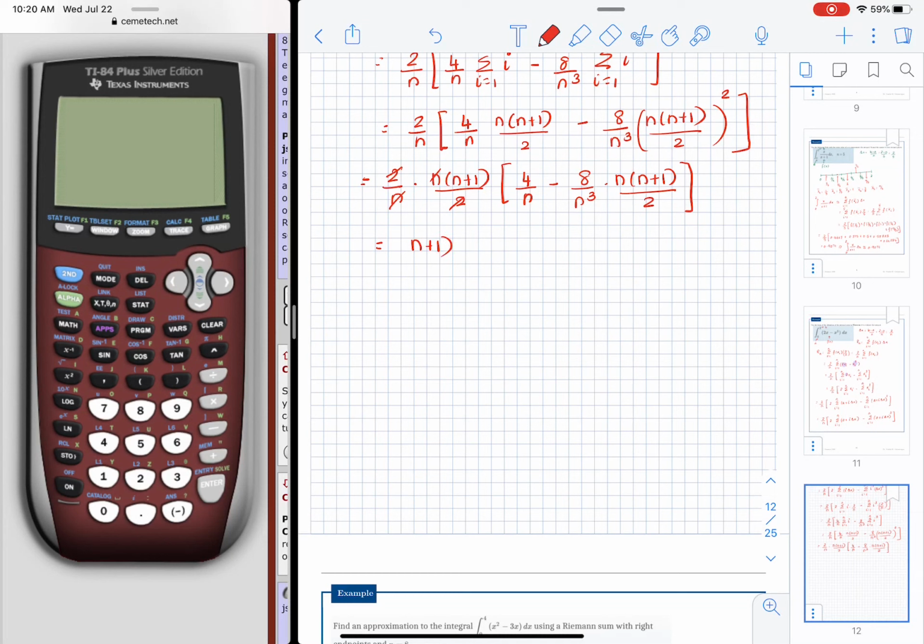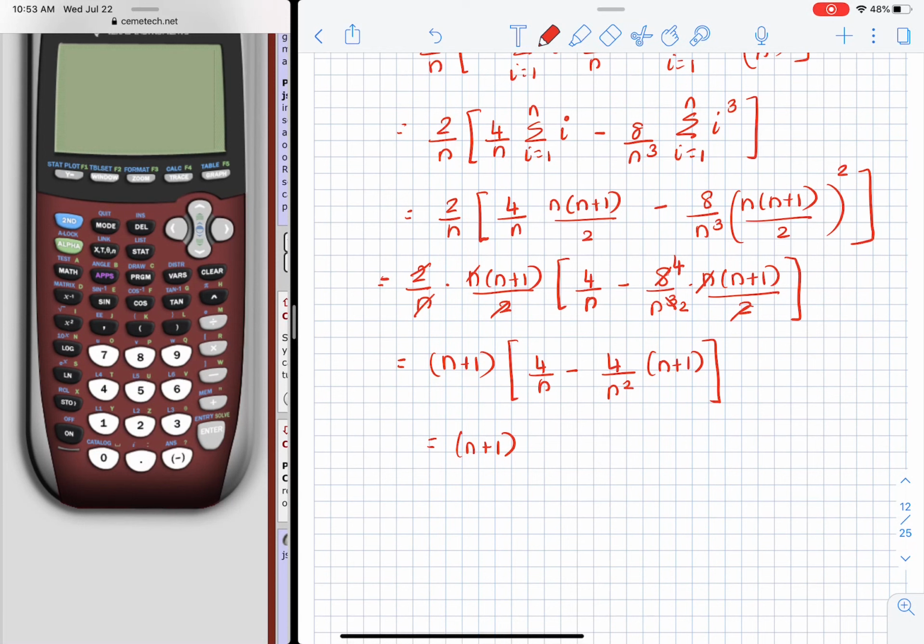So n plus 1 times 4 over n minus, I can cancel those, 4 over n squared times n plus 1. We've got to take a common denominator, so n plus 1 times 4n over n squared minus 4 over n squared times n plus 1.